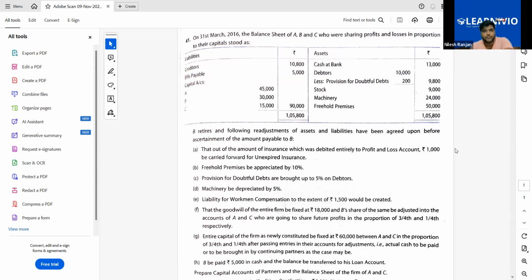So we will solve this question. Question number 41. Now, the main solution is two things we have to do. One is partner's capital account.